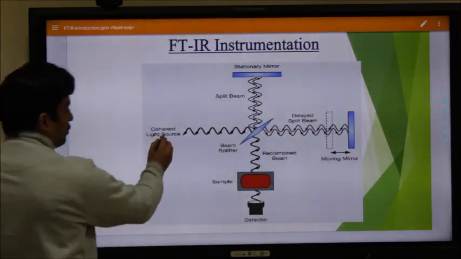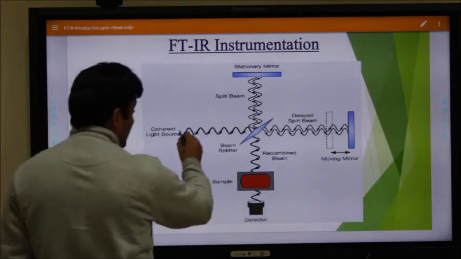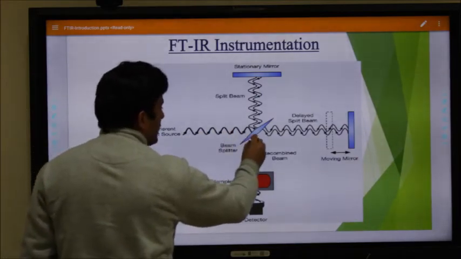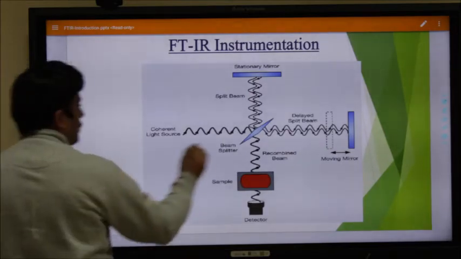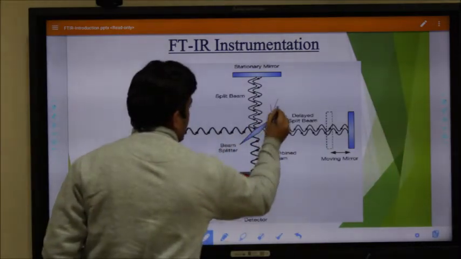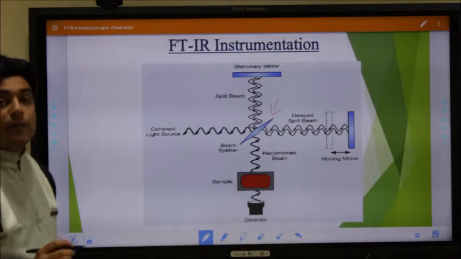After this source the light goes to the beam splitter. And what is this beam splitter? It is a partially transparent mirror.